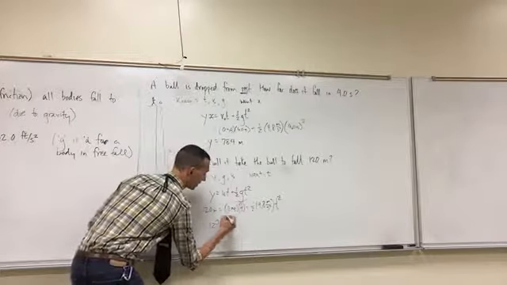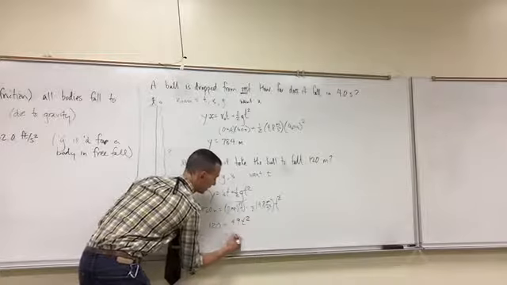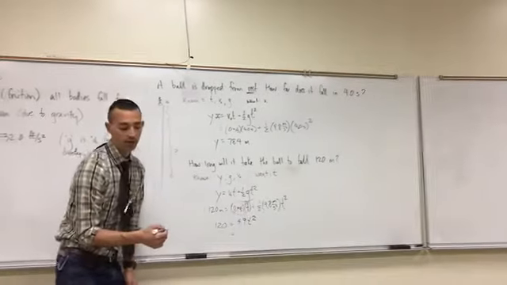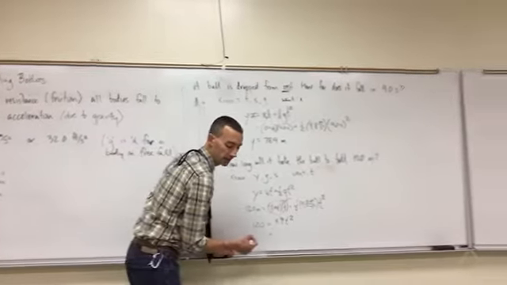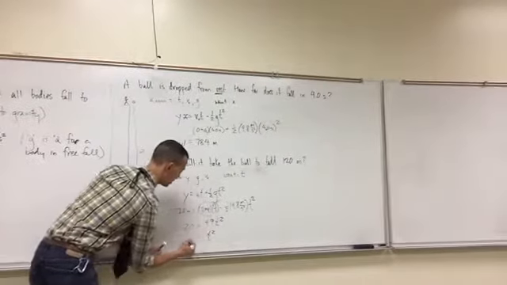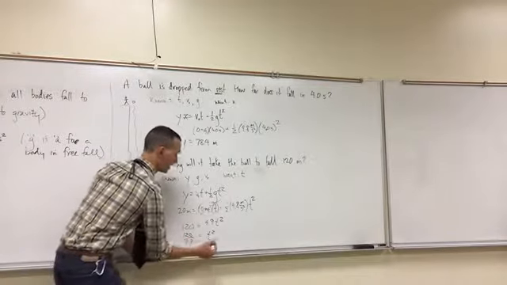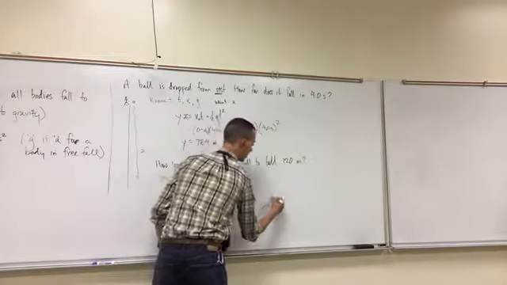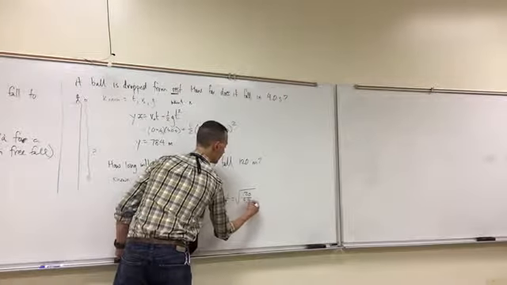To 120 equals 4.9 times t squared. So we would divide by the 4.9, okay? And then we would take the square root of it. So t is going to be the square root of 120 over 4.9.